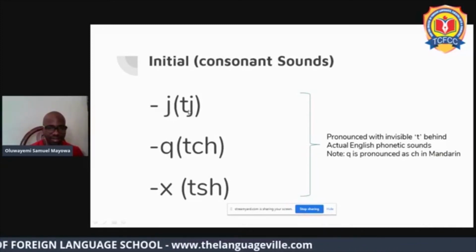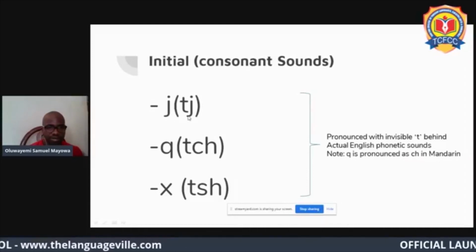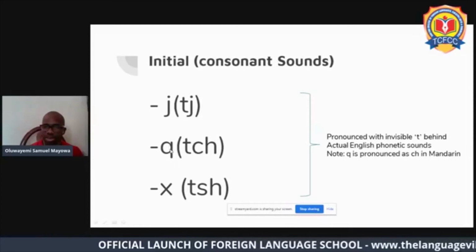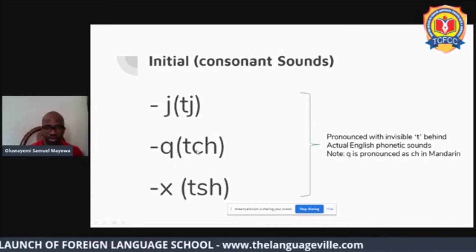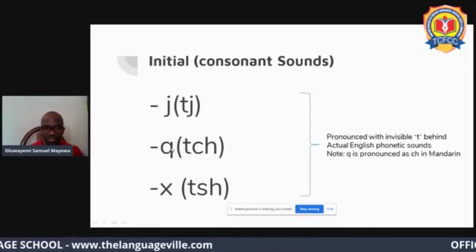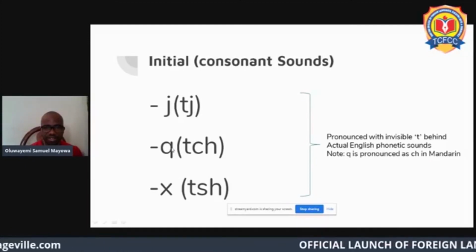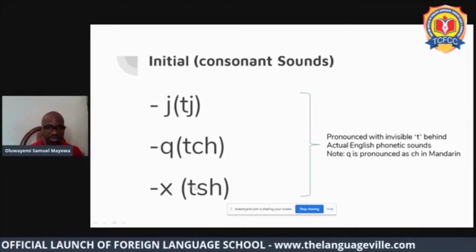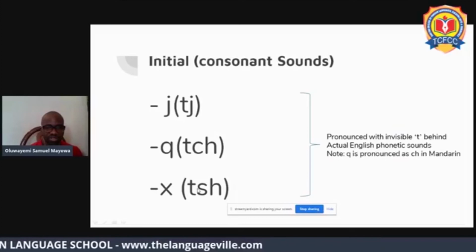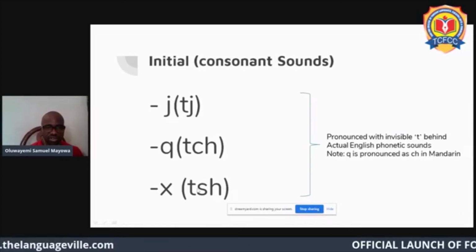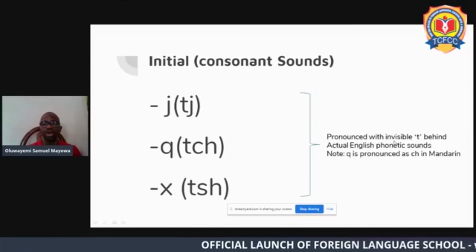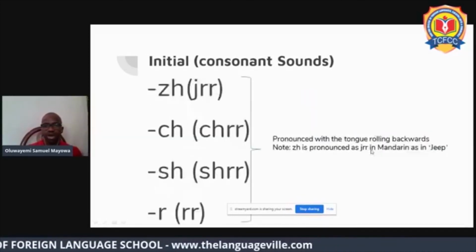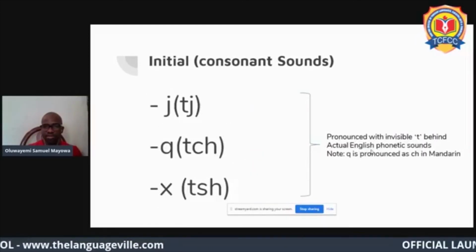This is like a T. This is like a chi: Q in English, but chi in Chinese. And X in English, but shi in Chinese. So it's pronounced with an invisible T behind the actual English phonetic sounds, and Q is pronounced as chi in Mandarin.